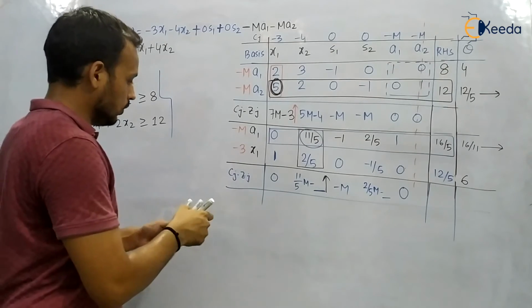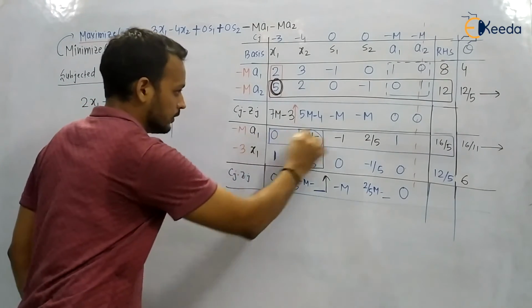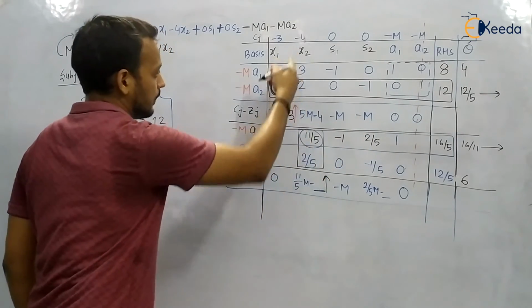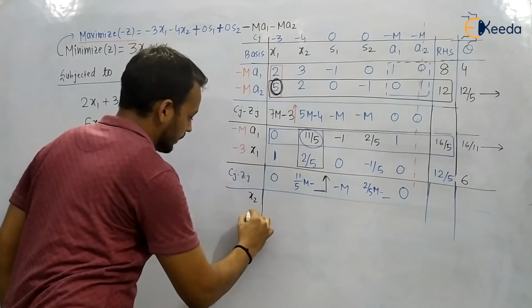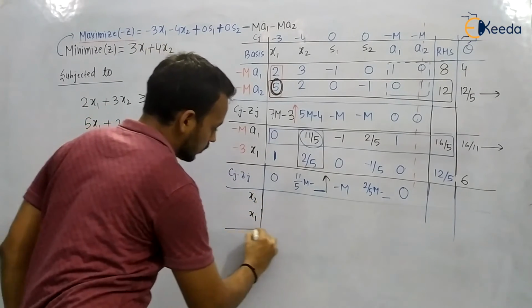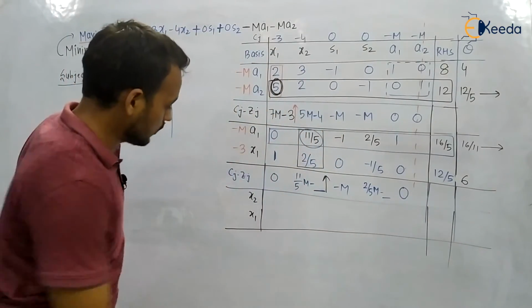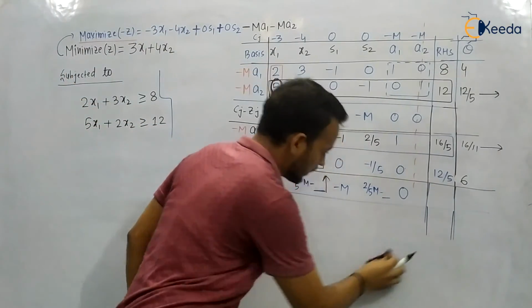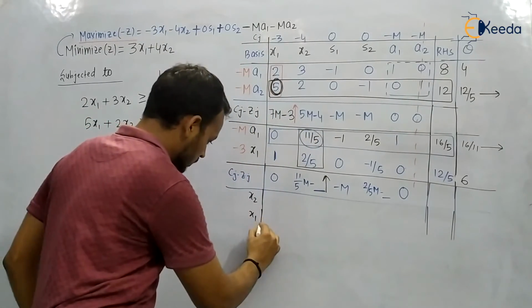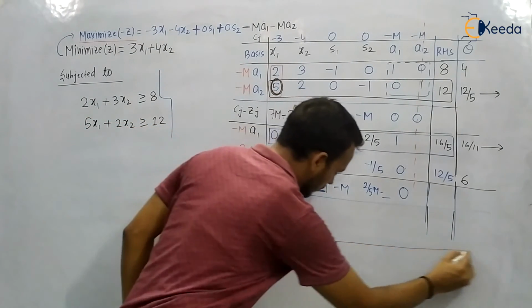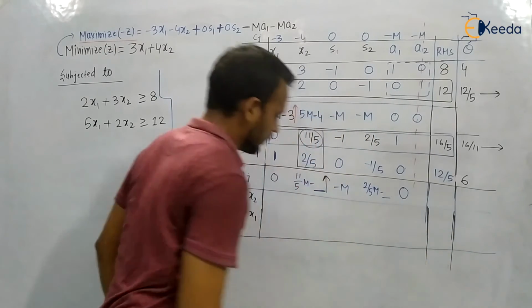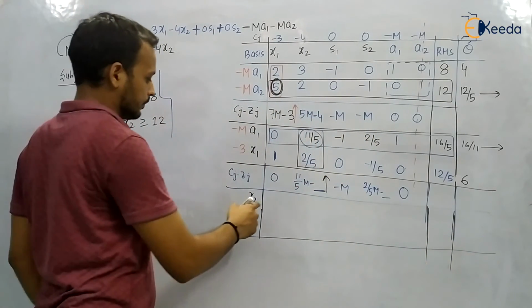So now what we have to do, look, now a1 is outgoing and incoming is x2. So x2 and x1 you can write. Look, the steps are a little bit lengthy, but you have to do it. Now divide.